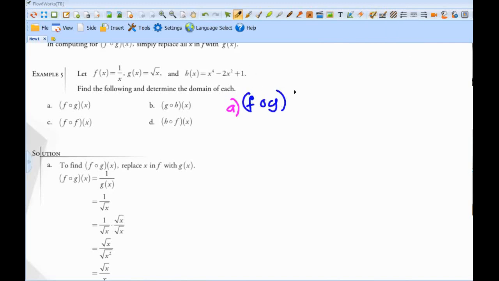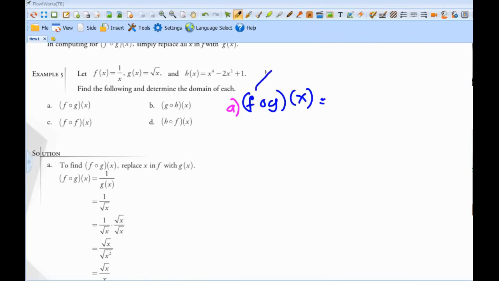What's the difference between this and the multiplication? So f circle of g. If you are starting with the f, the value of your x on f would be the g. All right? So it's like this.